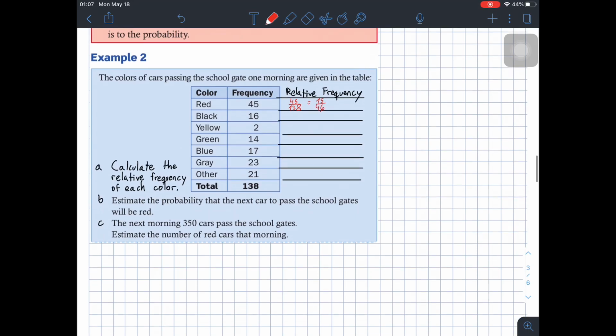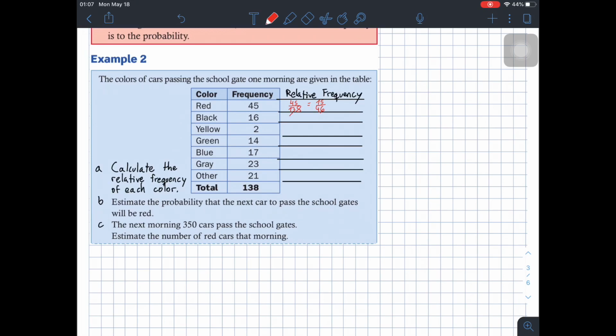And if we do the same thing for the rest of the colors, this would be 16 divided by the total, 138. This gives us 16 divided by 138, it's 8 over 69. And so on, okay? 2 divided by 138 is 1 over 69.